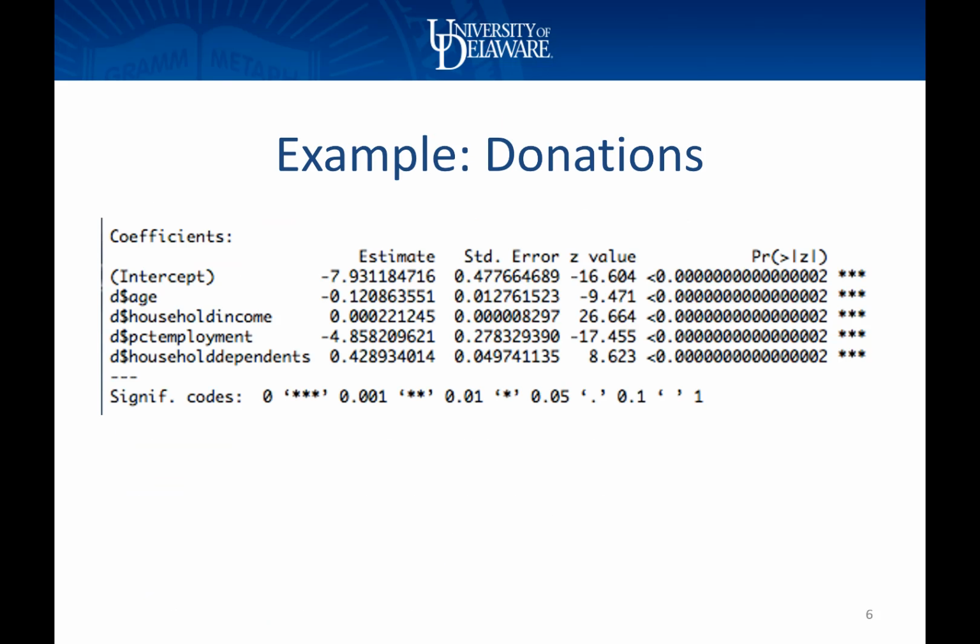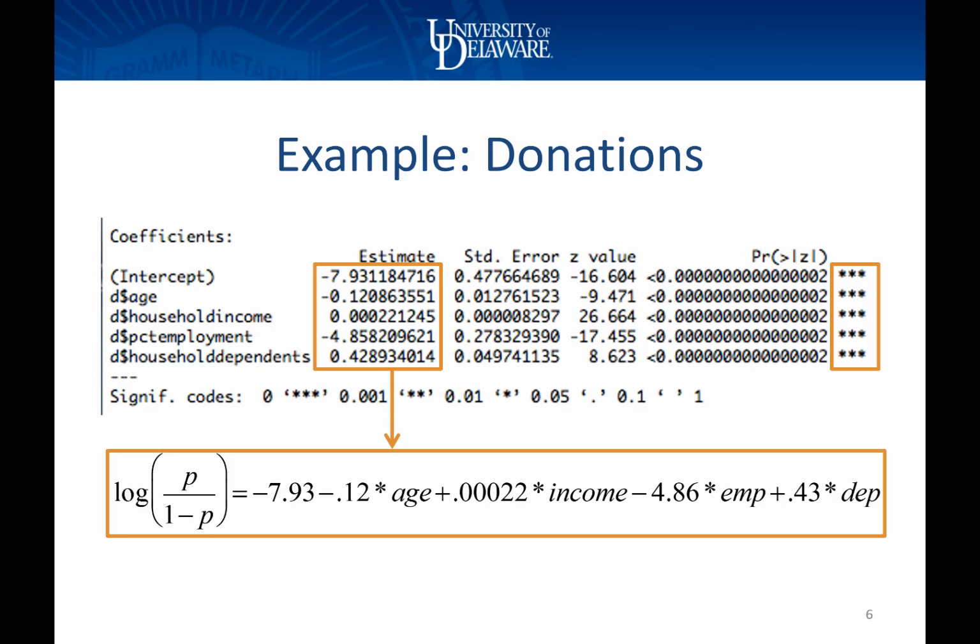So we're going to use this information to write out the model based on the estimates. And we see that the log odds ratio is equal to negative 7.93 minus 0.12 times age plus 0.00022 times income minus 4.86 times employment plus 0.43 times the number of dependents.